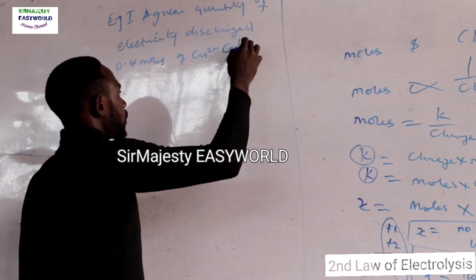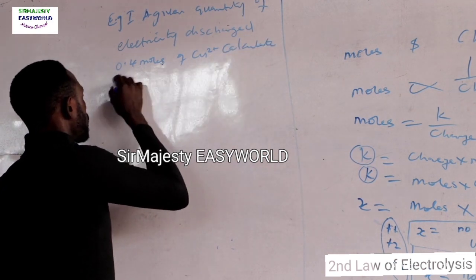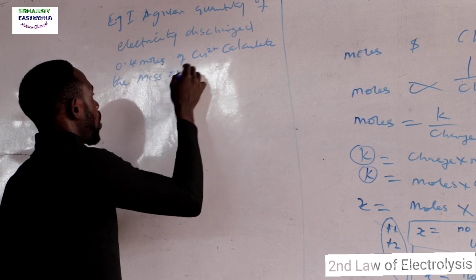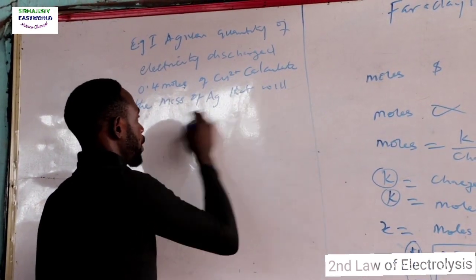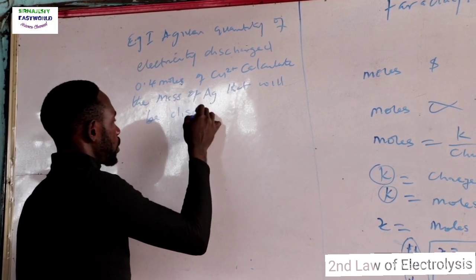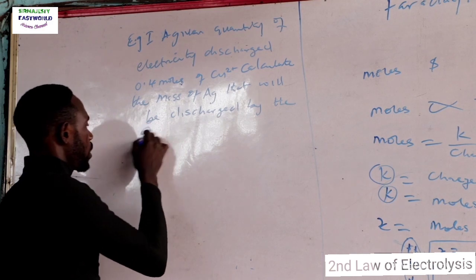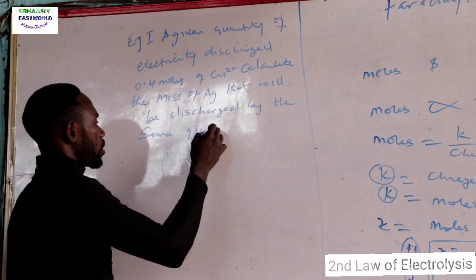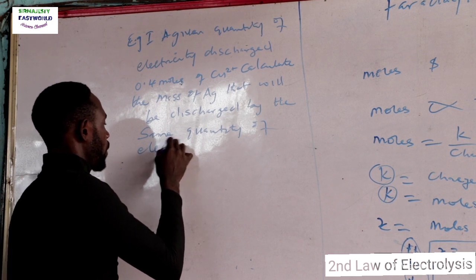Calculate the mass of silver that will be discharged by the same quantity of electricity.